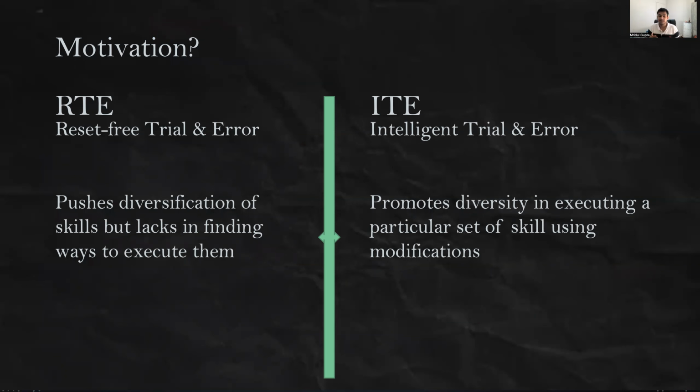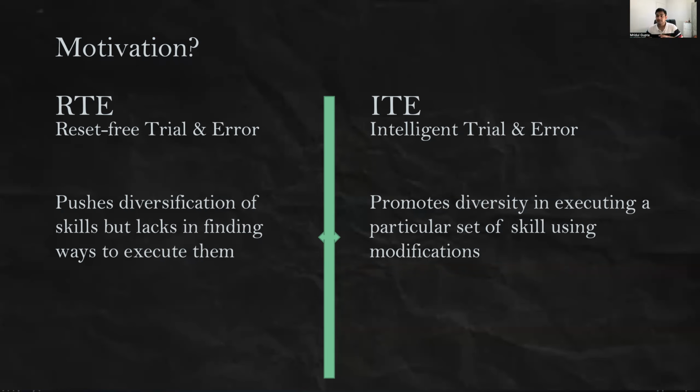For example, let's say a robot wants to walk straight and wants to walk slant. It has to have two sets of skills. Whereas in ITE, if the robot knows how to go straight, it would modify this into going slant as well, because it's intelligent and it has different ways of executing a particular skill. So this is the difference between both of them.